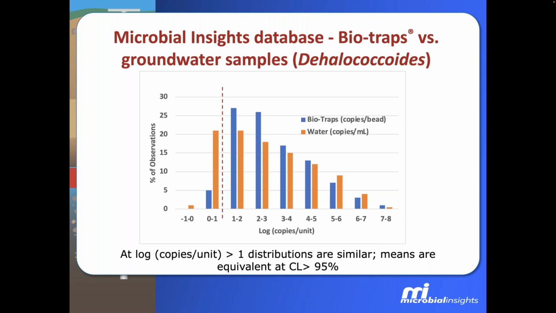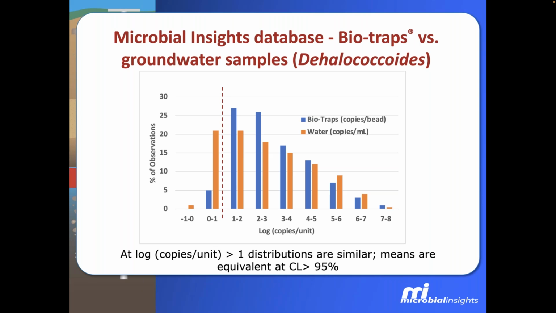What I want you to see is that at a log of cells per unit or cells per bead of greater than 1, the distribution for the water samples and the biotrap samples is basically the same. In fact, above a log of 1, the means are equivalent statistically at confidence levels of greater than 95%.